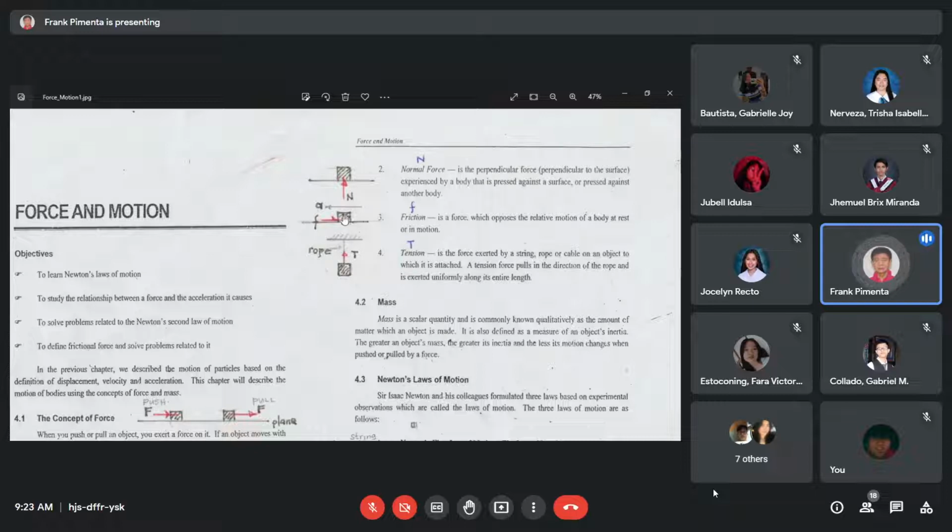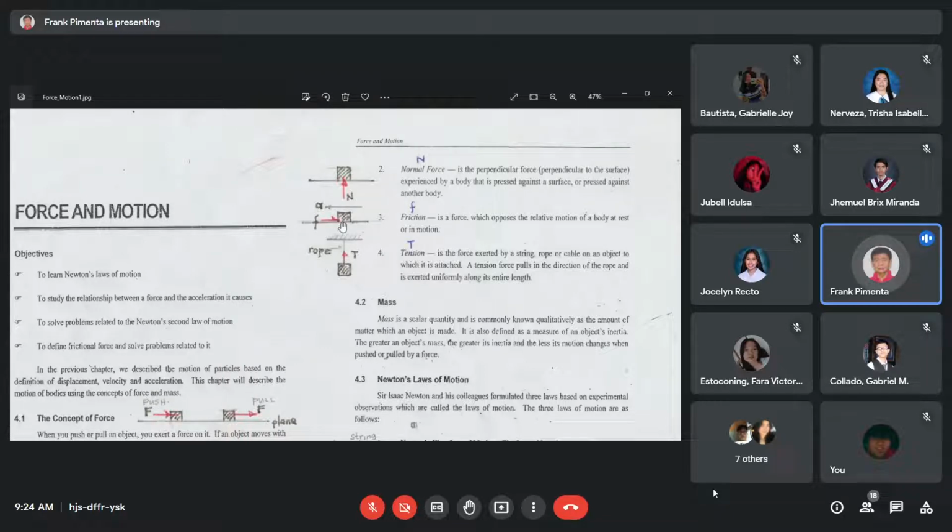So while this object is moving to the left and the table, for example, or the plane is stationary, you can feel a force that opposes that motion. And that force is the interaction of the two surfaces.